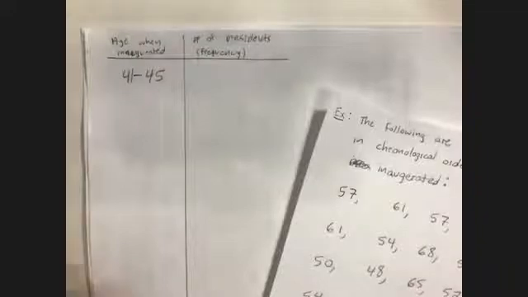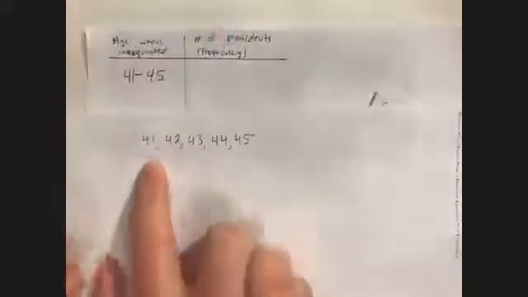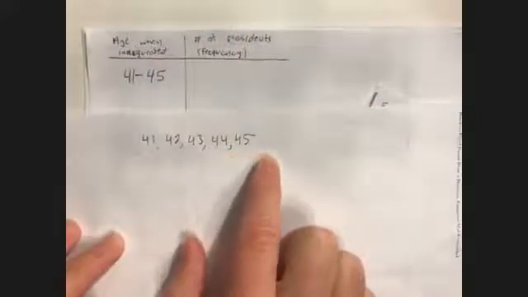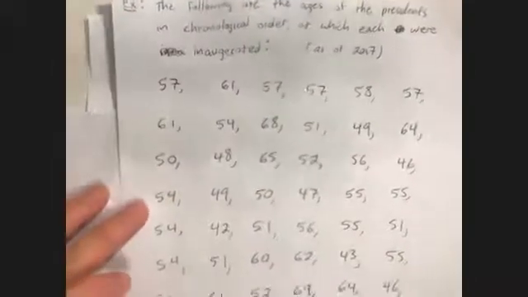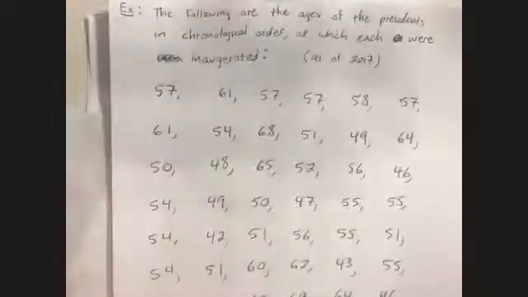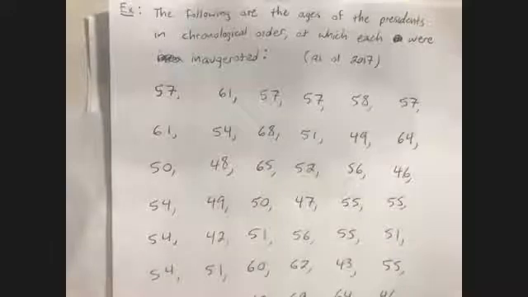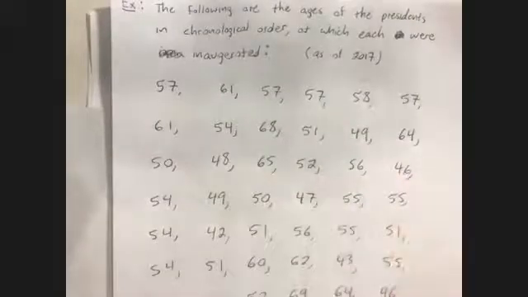Okay, so 41 to 45 is 41, 42, 43, 44, 45. So it's 5 possible numbers. So I'm going to look at my table here, or my list of numbers. Anybody who was 41 to 45, I'm going to highlight and tally up. All right, there's a 49.